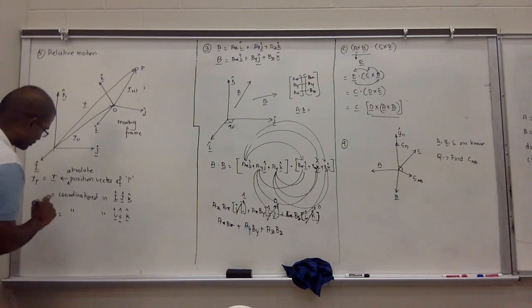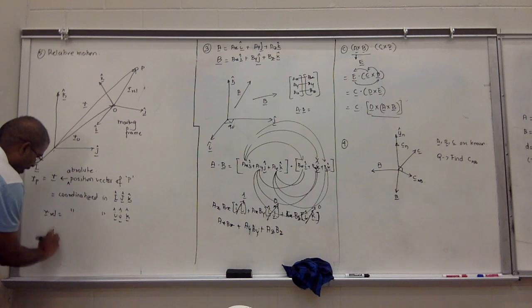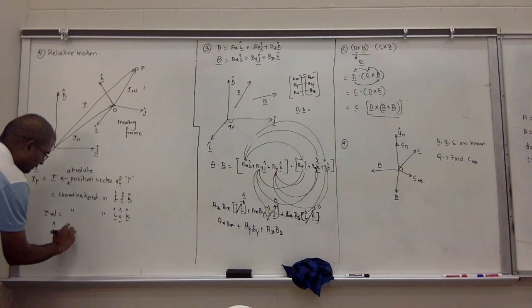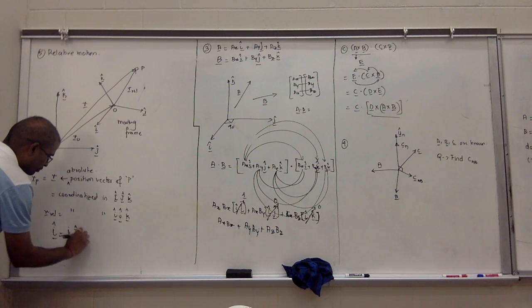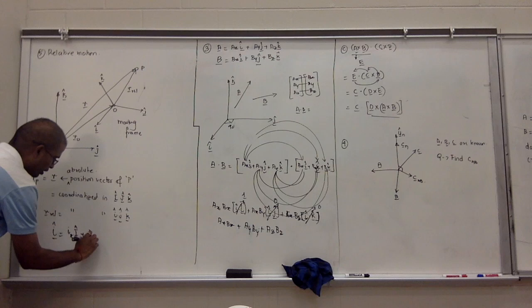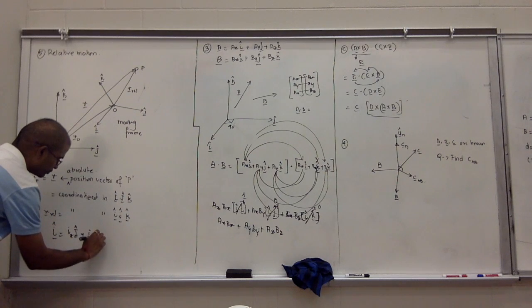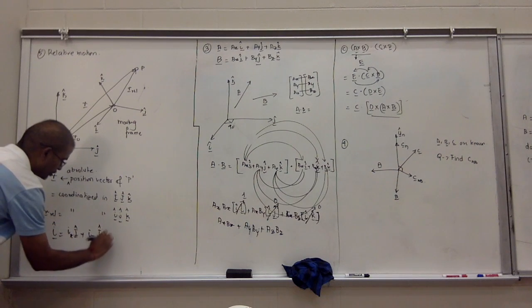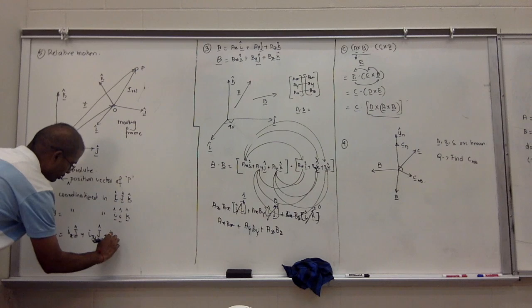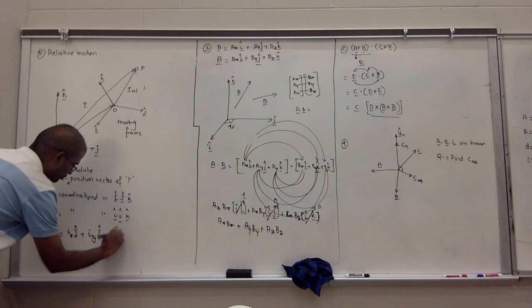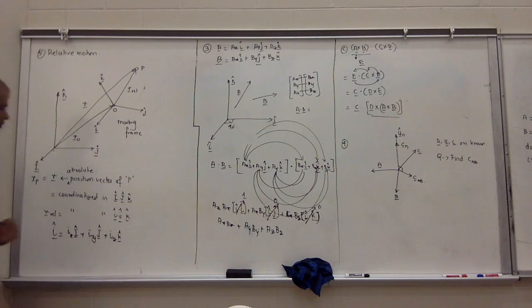And you see something like this: Ix I plus Iy J plus Iz K. Okay. So what does this mean?